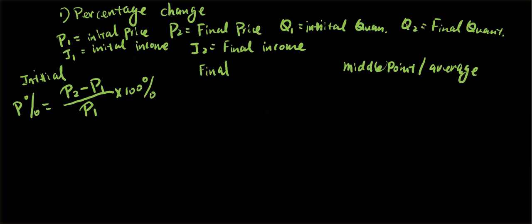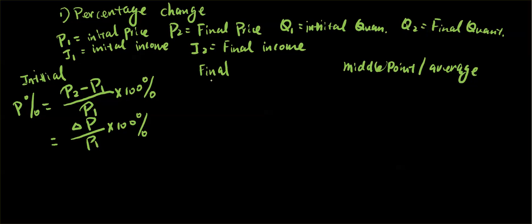Don't forget about it. As a shortcut, I usually write delta P divided by P1, because the delta in math notation means the change of the value. So it's P2 minus P1, divided by P1, times 100%. This uses the initial price as the denominator.